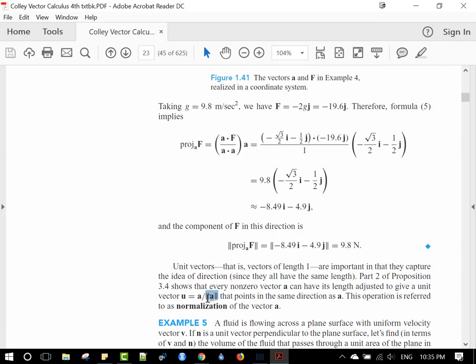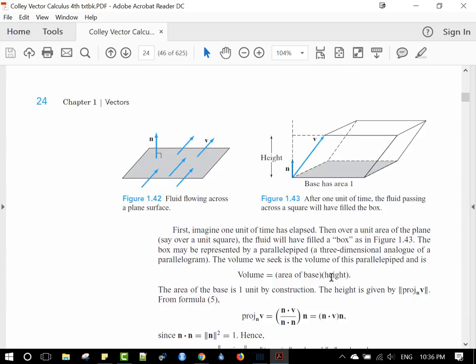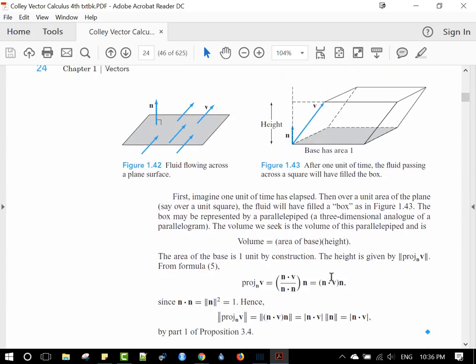Okay, so A divided by its length gives you a unit vector in the direction of A. And they call it U for unit. This operation is referred to as normalization of the vector A. And then they give an example of where you might want to use that. But again, we're not going to do that.